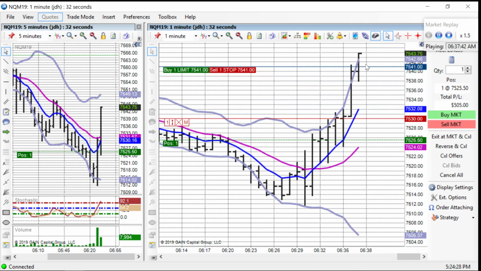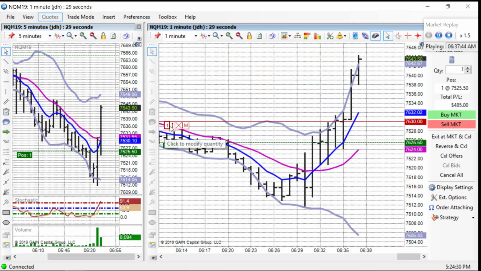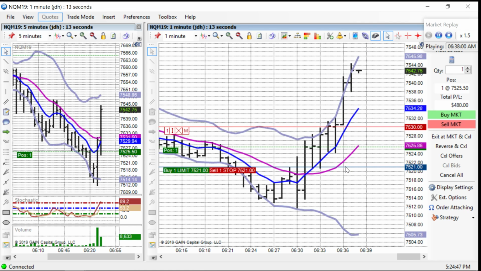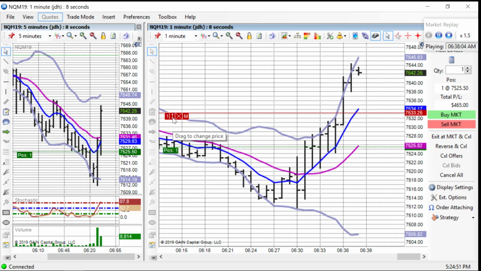So as another bar forms, I'll move this trailing stop loss up one tick to a point below the low of the previous bar. And so what that'll do is, when I get stopped out, it'll stop me out at the point where I'd want to look for the next P3 point anyway. So here we go.